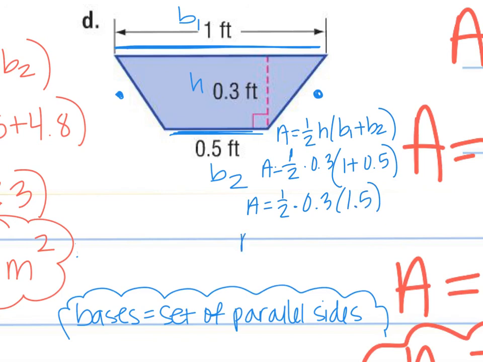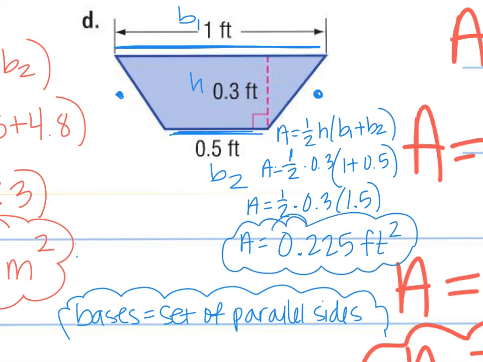And now let's just put this all into our calculator. I'm just going to change 1/2 to 0.5 because the rest are decimals. So 0.5 times 0.3 times 1.5 equals 0.225. And then I keep my feet squared because it is area.